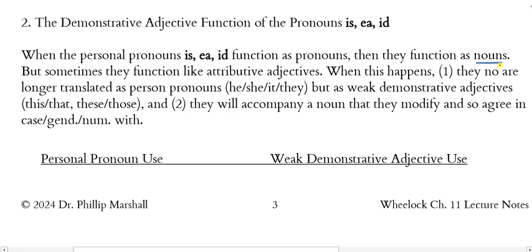You don't translate them as he, she, it, or they. But they are functioning as weak demonstrative adjectives: this, that, these, and those. And then secondly, they will accompany a noun that they modify, and so they will agree with that noun in case, gender, number.